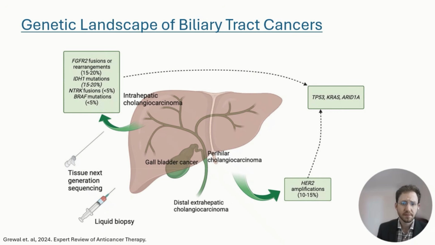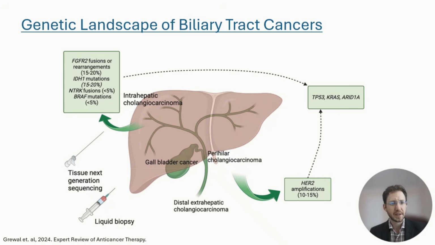And this is certainly not an exhaustive list of all the notable and important mutations in biliary tract cancer, but highlighting really the main ones where we're dealing with a high enough incidence of them and enough approved agents where these are probably the ones that we're encountering the most that are management changing in the clinic.